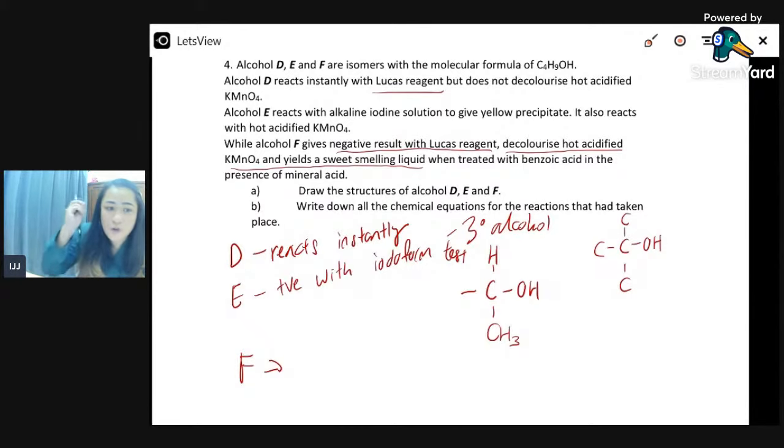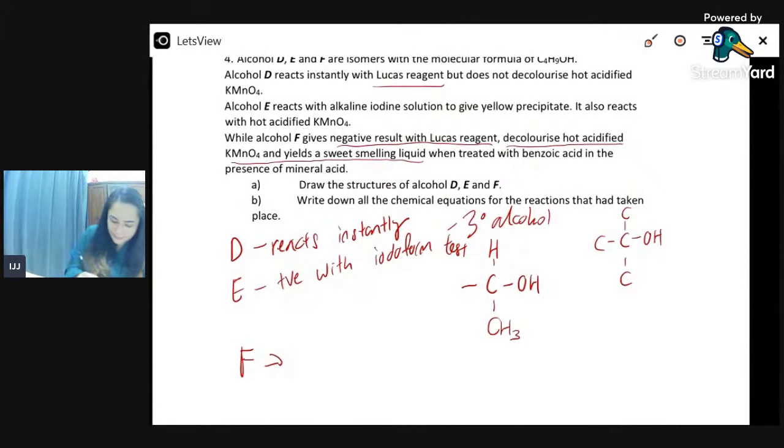To show a Lucas reagent reaction, it must be heated. Okay, with heating within 5 to 15 minutes then it shows. So, it gives a negative. So, actually F is a primary alcohol.